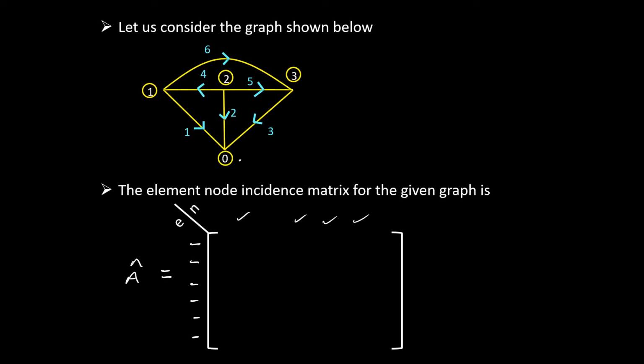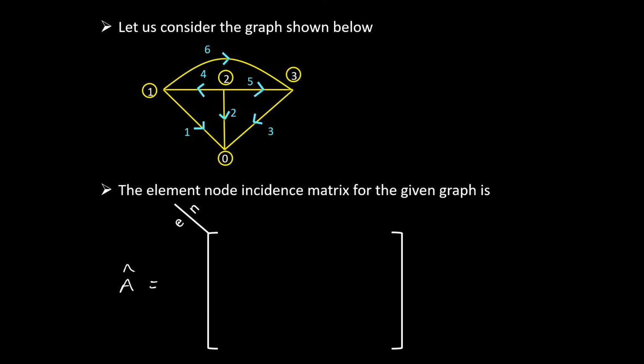We have 4 nodes, 0, 1, 2 and 3. Remember, the nodes will always be represented by encircled numbers. This represents the node. The branches will be represented by numbers without any circle. So we should show this difference in load flow studies.